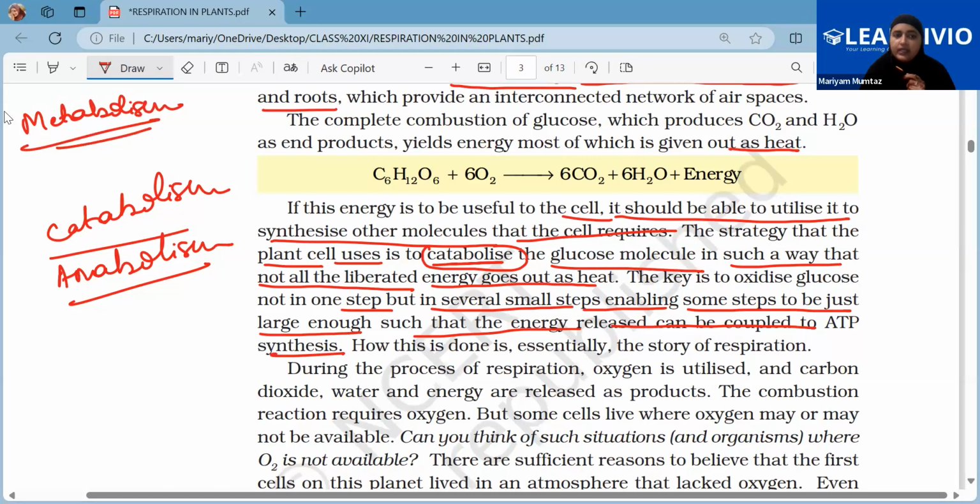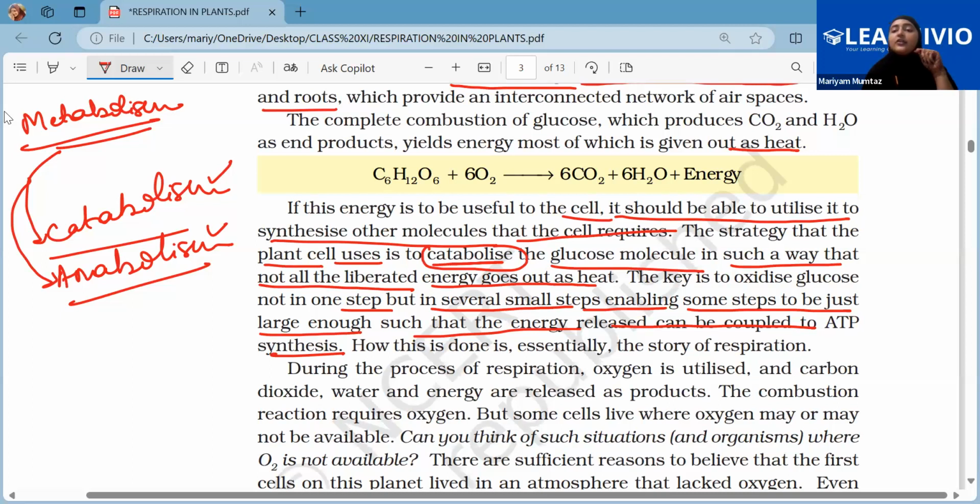Yes, ma'am. This metabolism can actually be divided into two parts, that is catabolism and anabolism. See, catabolism is the process wherein the breakdown of stuff happens and it is accompanied by the release of a large amount of energy. So any molecule, if it gets broken down, then that is catabolism.